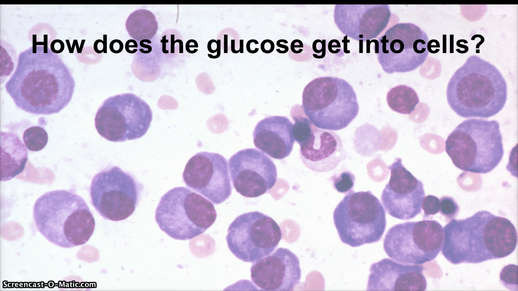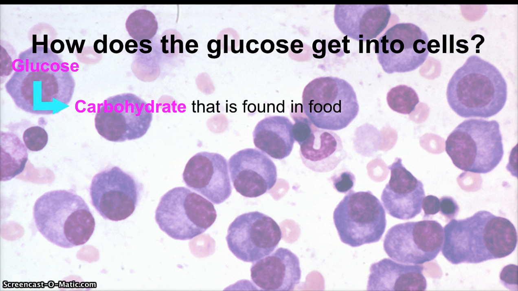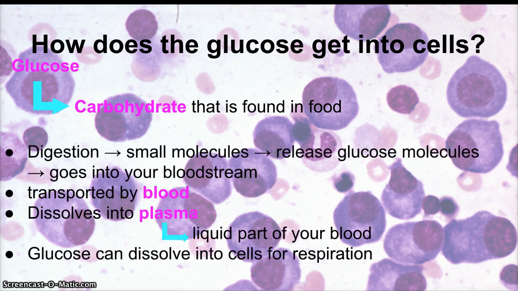How does glucose get into cells? First of all, glucose is a carbohydrate that is found in food. When digestion breaks down the food into smaller molecules, it releases glucose molecules, and these molecules are absorbed by the wall of our small intestine and go into our bloodstream.